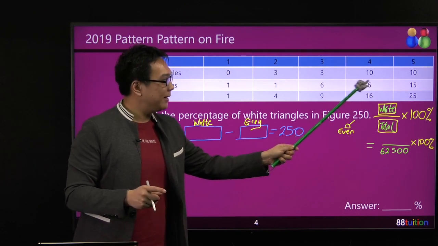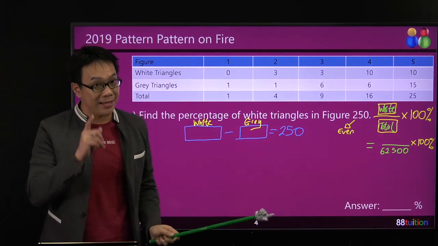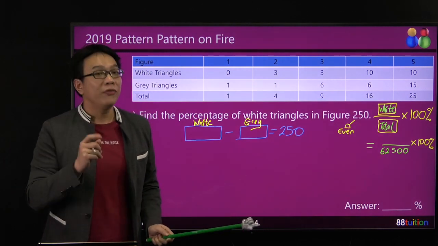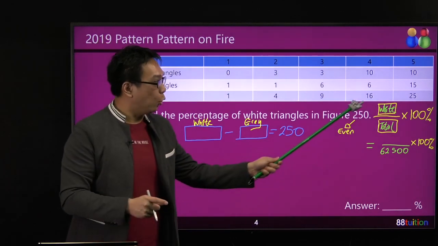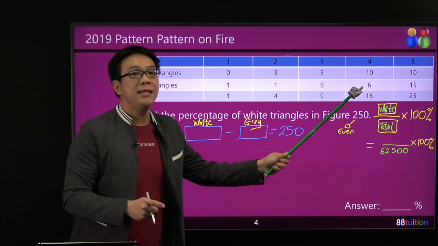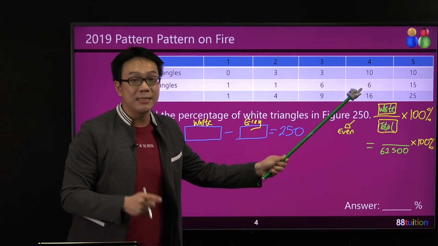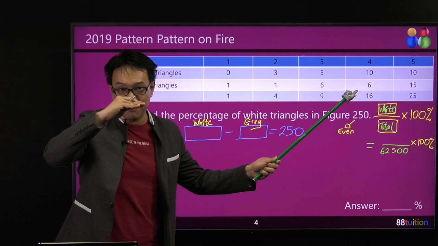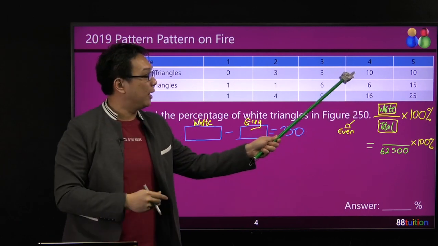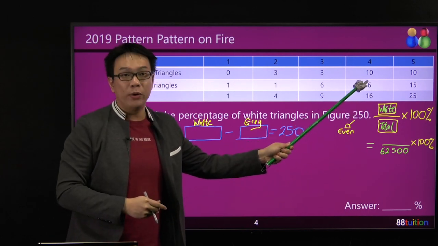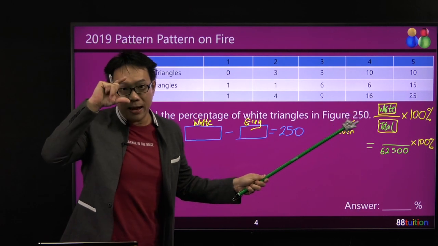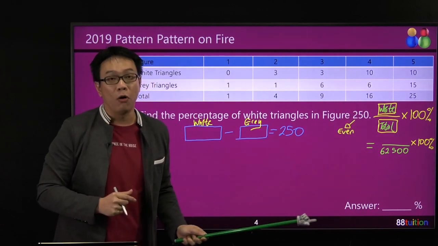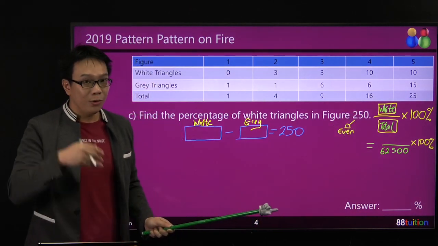So there's a center number between 6 and 10, and that's 8. How to find the center number? If you have the total of 16, 16 divided by 2 is 8. So 8 is the center number. 8 plus 2 will give you the white, 8 minus 2 will give you the grey, and there is a difference of 4. Can you see? So does that work?